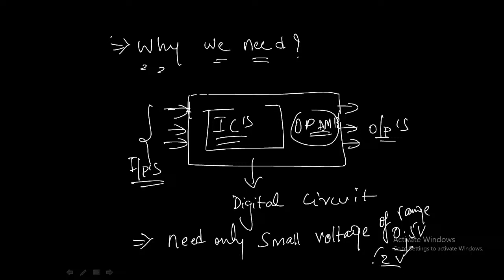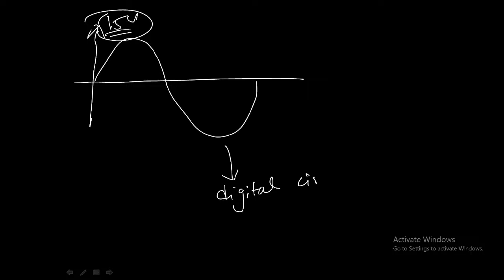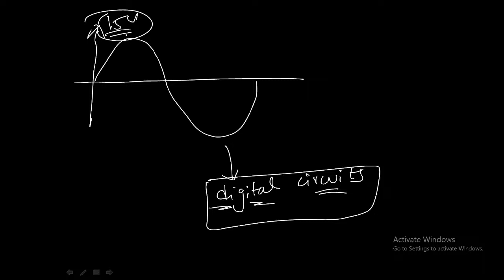But in real life, the power supply voltage will be very large, around 15 volts to 20 volts, and we cannot give this huge power supply to our digital circuits. So we need to cut off the input supply voltage from 15 volts to around 2 volts or 1 volt.